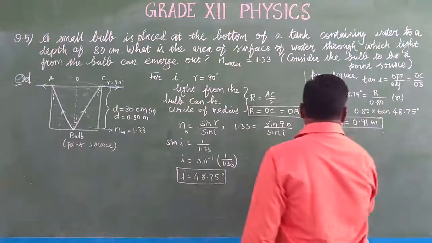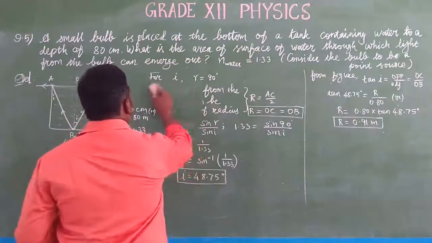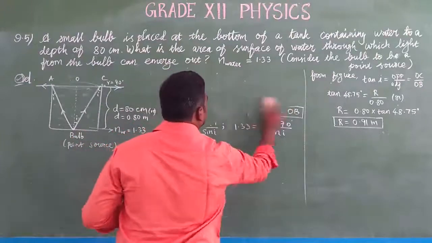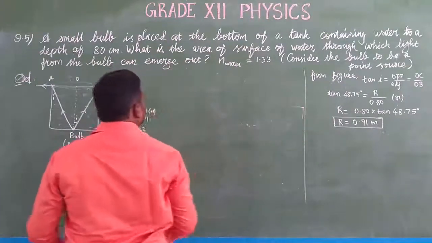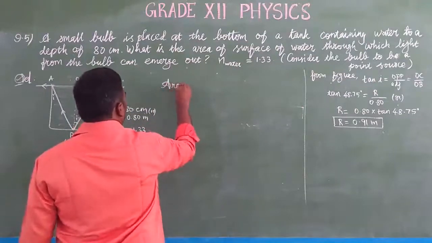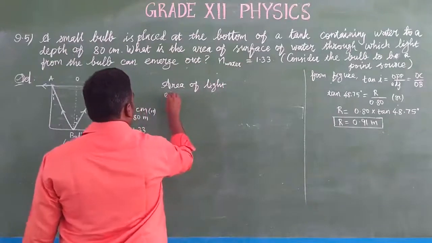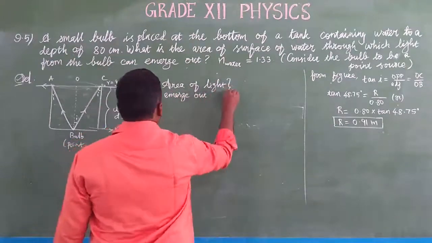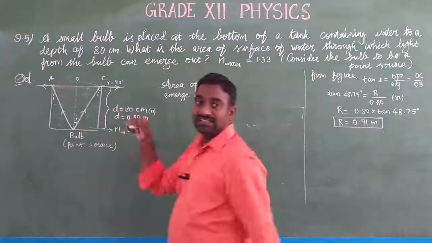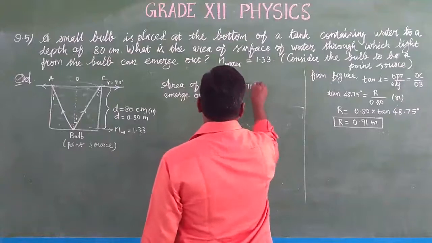So the next step is finding the area of the light emerging out. That is a circular area, no? What is the circular area formula? The circular area formula is pi r square.